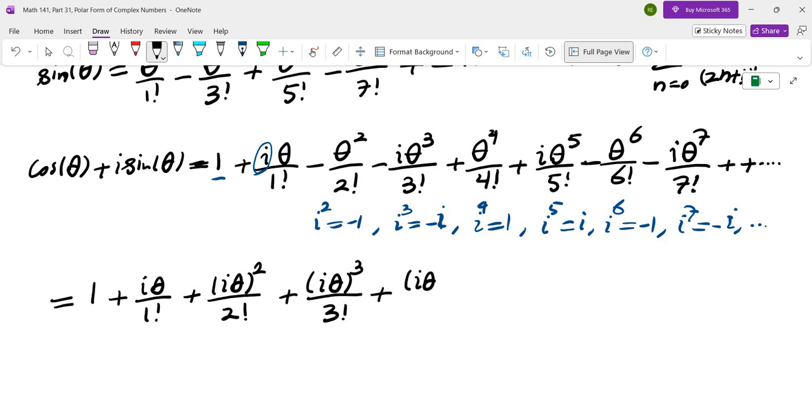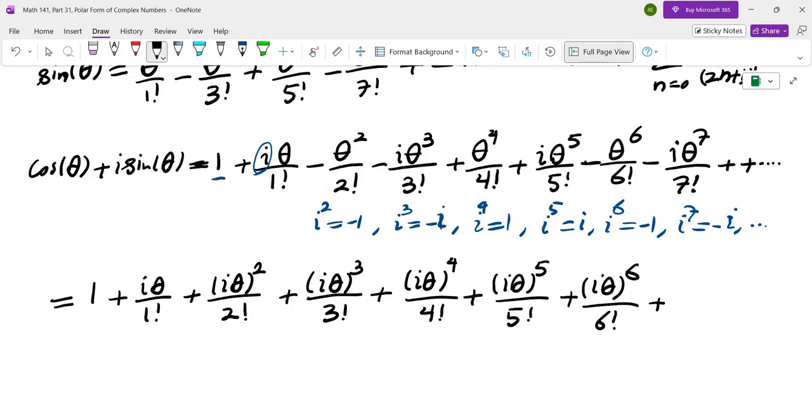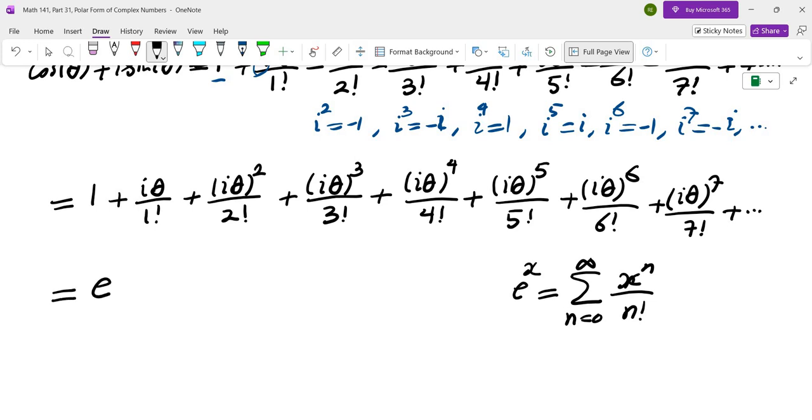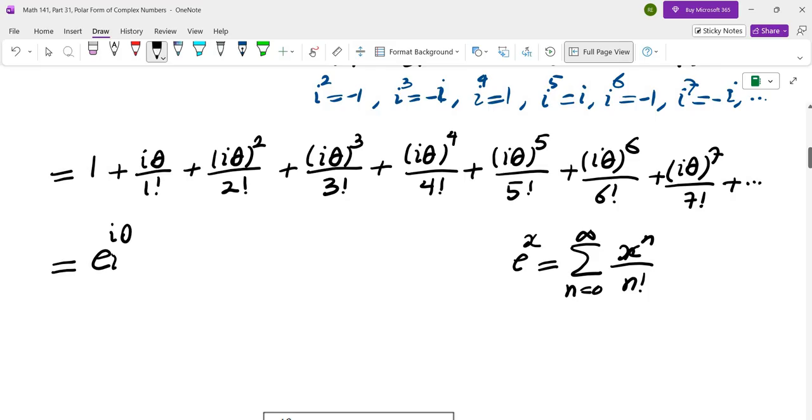Then (i theta) to the power of 4 over 4!, (i theta) to the power of 5 over 5!, (i theta) to the power of 6 over 6!, (i theta) to the power of 7 over 7!, etc. Now, if you recall, we had the power series expansion for e to the power of x, which was the sum of x to the power of n over n!, n equals 0 to infinity. That's exactly the power series for the exponential, except x is replaced by i theta.